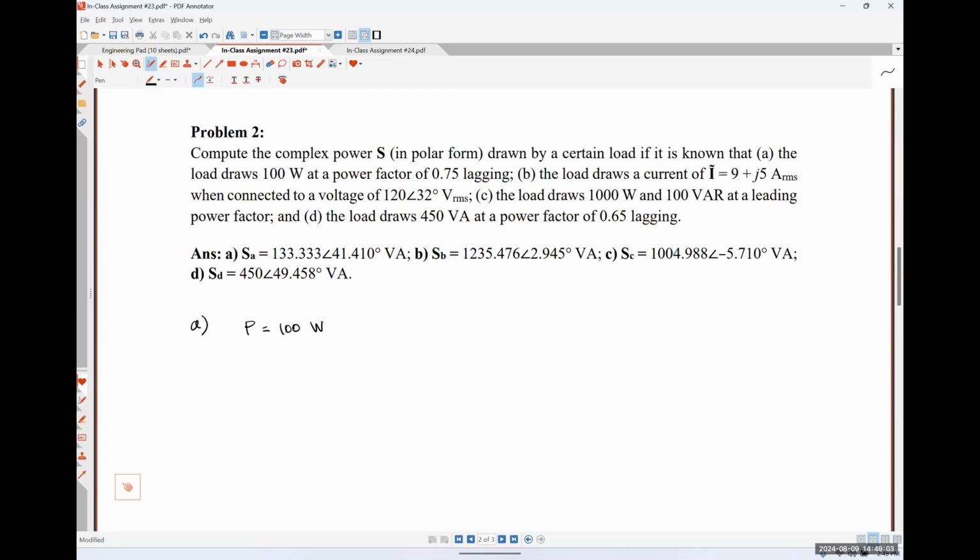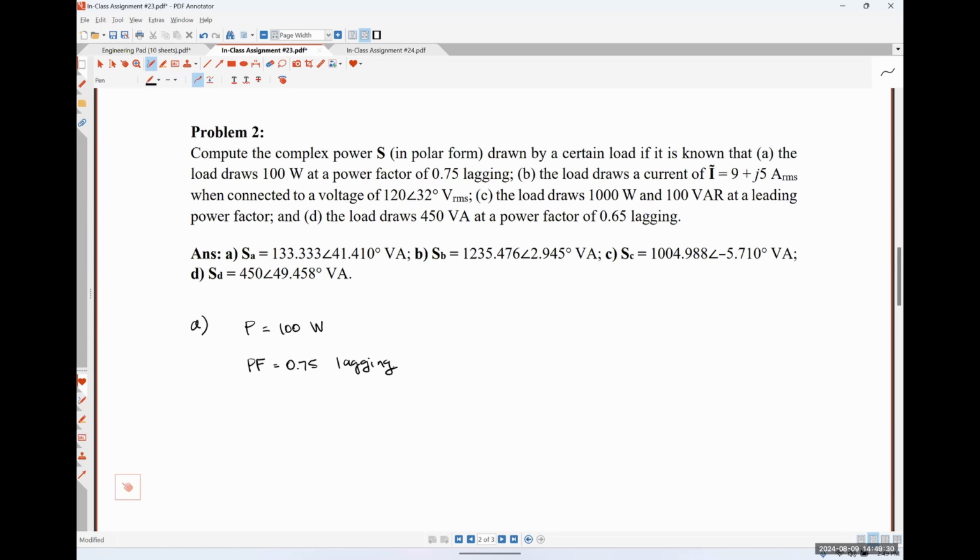Then I tell you that the power factor is 0.75 lagging. So PF is equal to 0.75 lagging. These are the only two pieces of information that you know about this particular load.